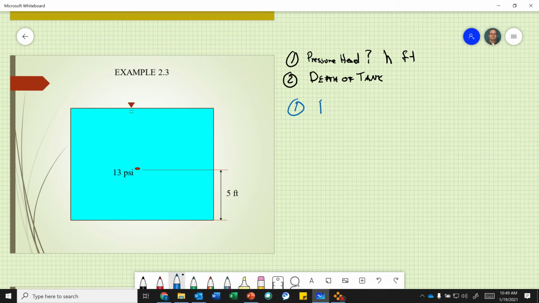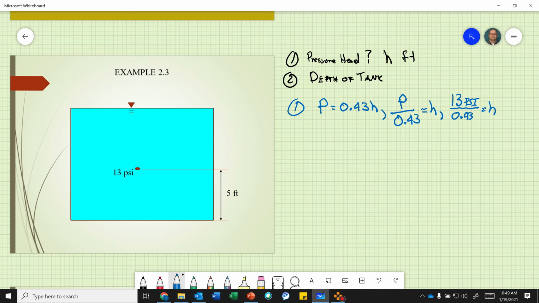So we know P equals 0.43 times H. Okay, I'm going to rearrange the equation. So P divided by 0.43 equals H. All right, so we know the pressure is 13 psi. Now be careful, you have to be in the right units because this has to be in psi. Divided by 0.43 will give me my H in feet.